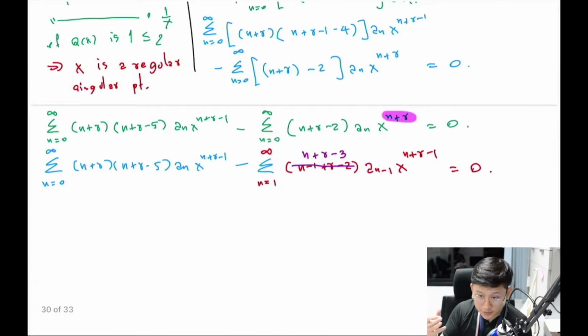After that, the same process, guys. We will split this into two terms. The first term will be when n is 0, and the second term will be the rest.